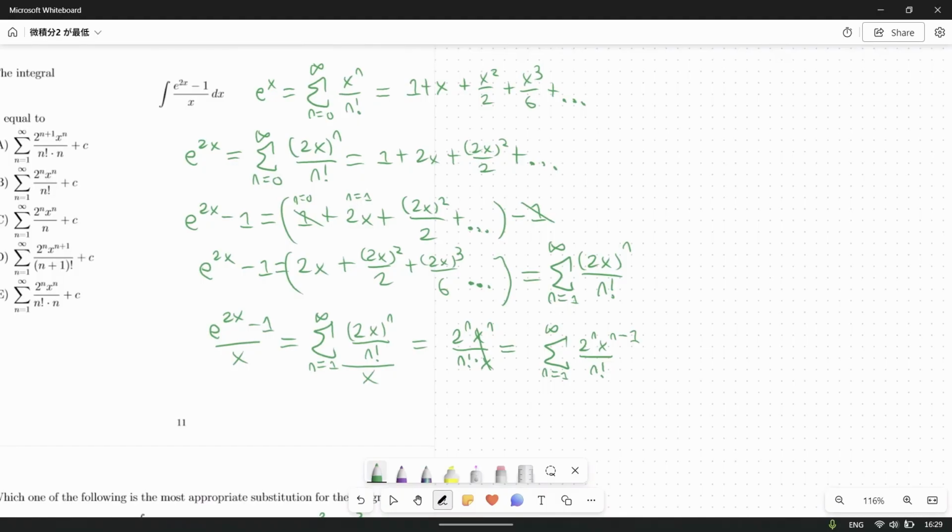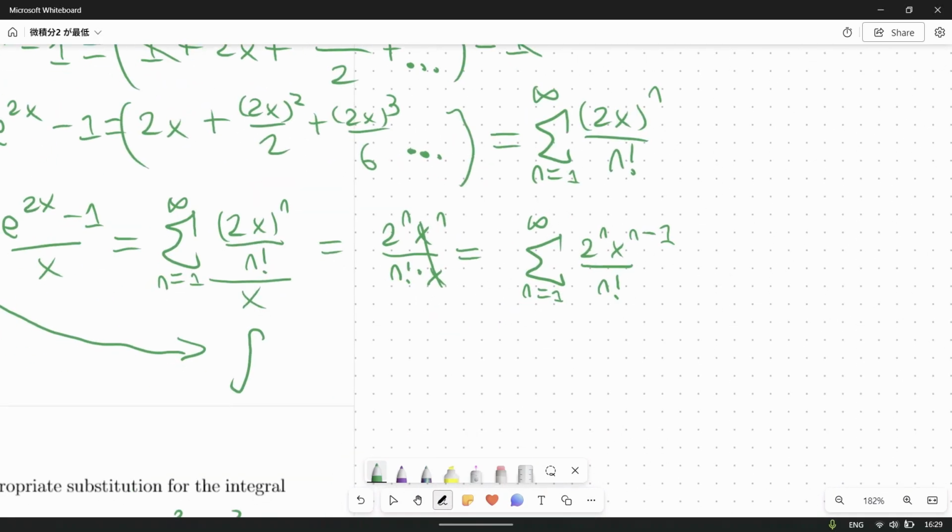And so from here, in reality, this integral is actually just going to be equal to this. So we can say that this integral is just going to be equal to the indefinite integral of our Maclaurin series with respect to x.